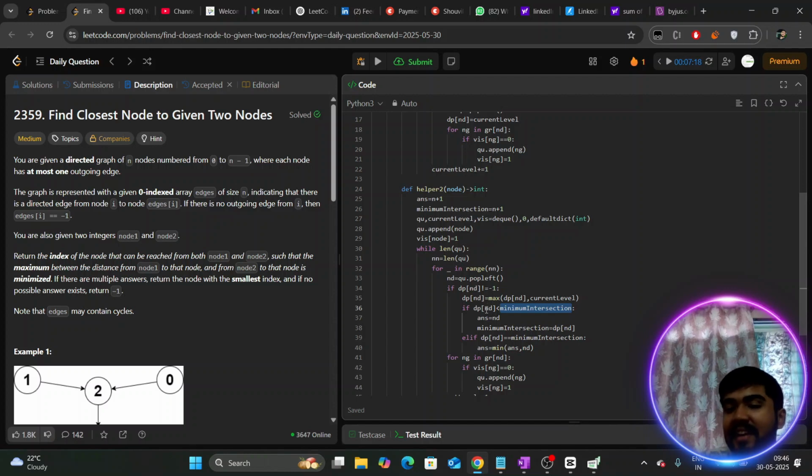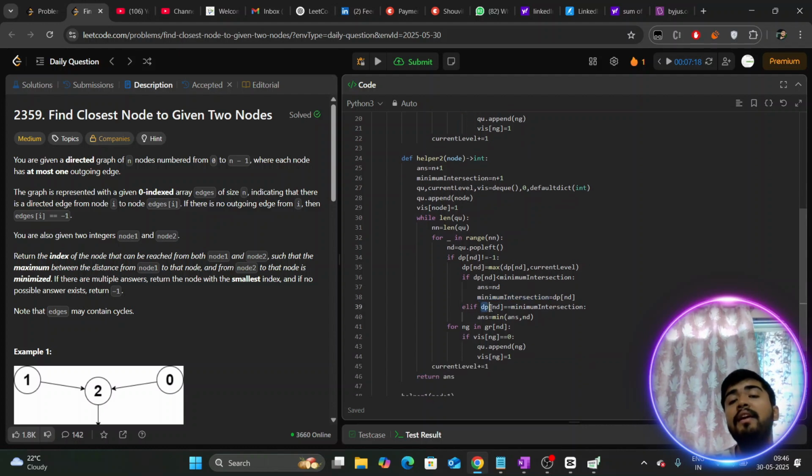If this node comes out to be smaller than my minimum intersection point, then why not do the party on this node altogether? This node should be my party point. So I have to blindly update my answer to be the current node, because this is my party point, and no further node is reachable from this particular node. And my minimum intersection is going to update to be my DP of node. Very straightforward, very simple.